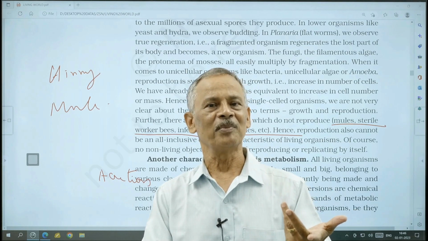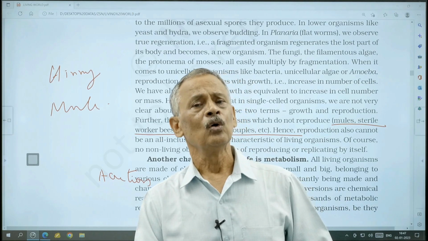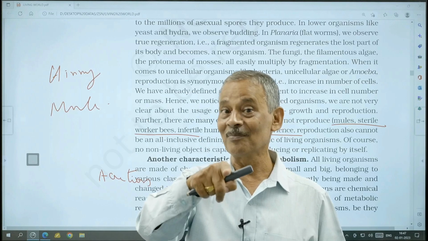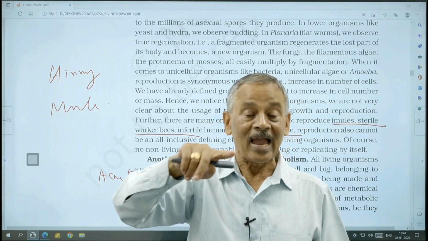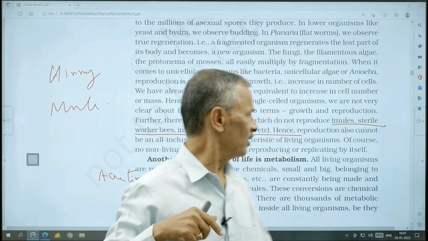We are performing many reactions in our laboratory in test tubes. So, is that metabolism occurring only within the living body, only within the cells? No. Metabolism can be conducted in laboratory systems.